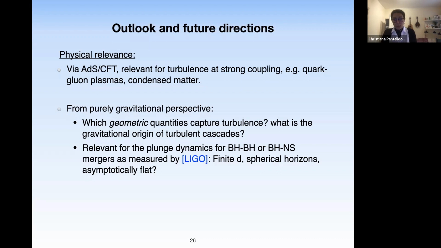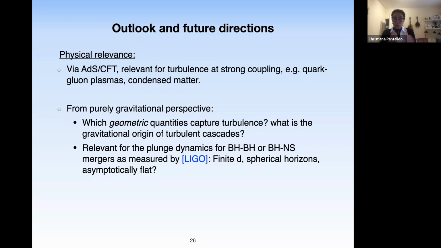And there is another story that is related to whether we might ever be able to actually observe gravitational turbulence experimentally. So the hope is, in a merger, say through the LIGO observations, essentially we have access to a regime that is highly nonlinear.